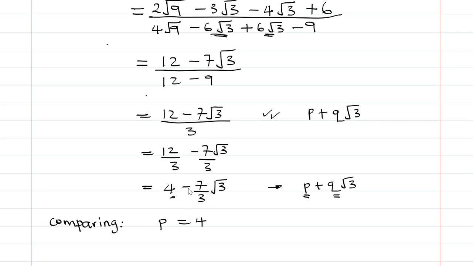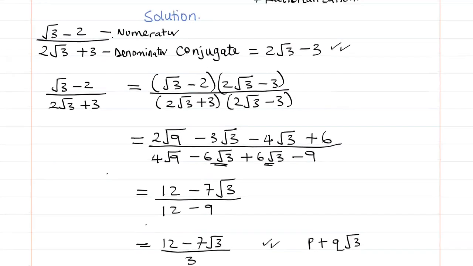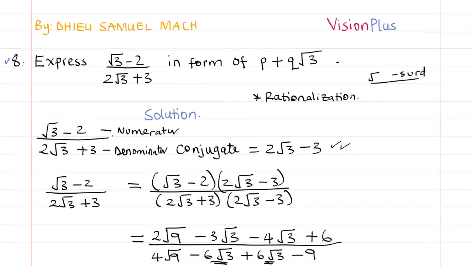But remember, a sign before a number is the sign of that number. That means our q here is negative 7 over 3. So this is the answer. This was basically the answer required. And on comparing, this is p and this is q, to this number 8 of the Giant Examination Board mock of 2024.